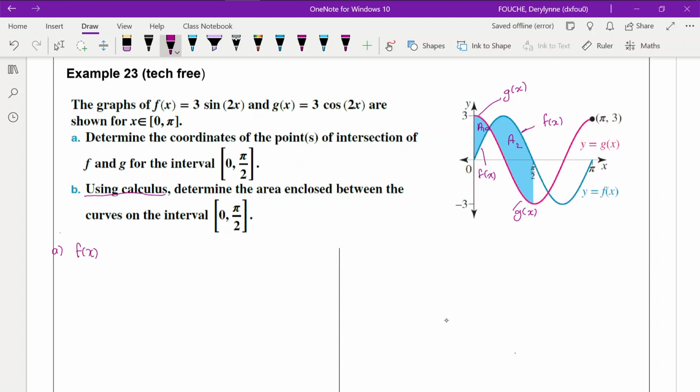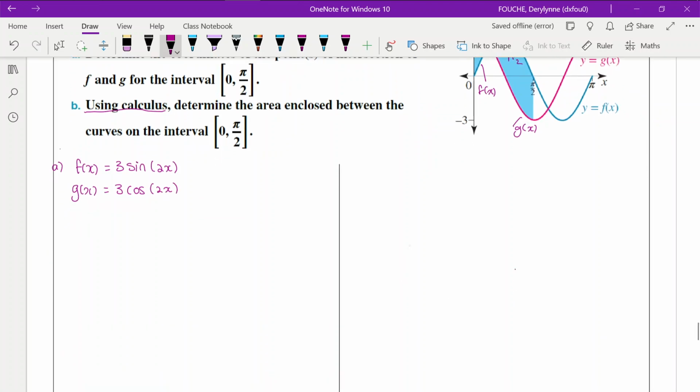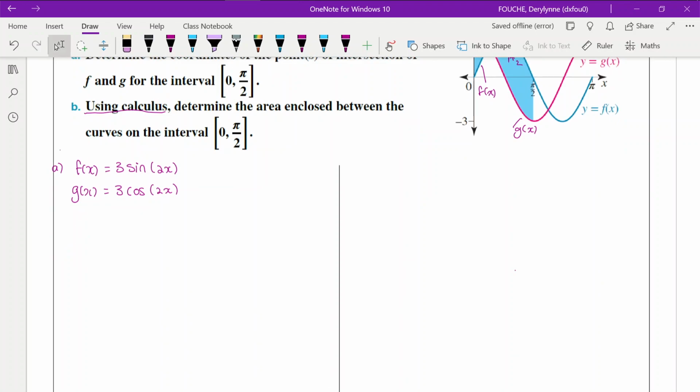Okay, so we have f of x is 3 sine of 2x and g of x is 3 cos of 2x. Okay, and we're going to put the two equal to each other. So we've got equation 1 and equation 2.